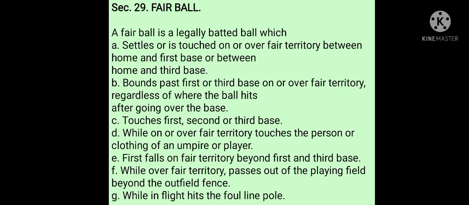D. While on or over fair territory touches the person or clothing of an umpire or player. E. First falls on fair territory beyond first and third base. F. While over fair territory passes out of the playing field beyond the outfield fences. G. While in flight hits the foul line pole.